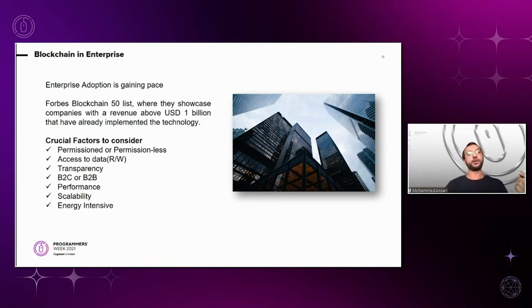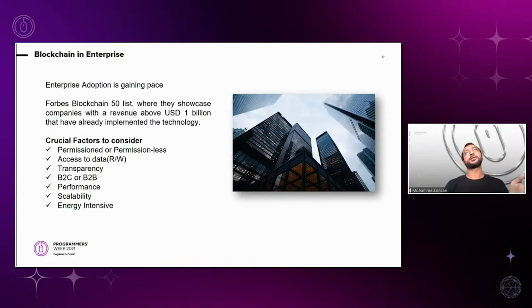So if things become 100% transparent, then there could be competition between the suppliers. And whether your blockchain is going to be a public or a private blockchain depends on what kind of business model this use case is trying to solve. Is it going to serve customers directly, or is it going to serve businesses?